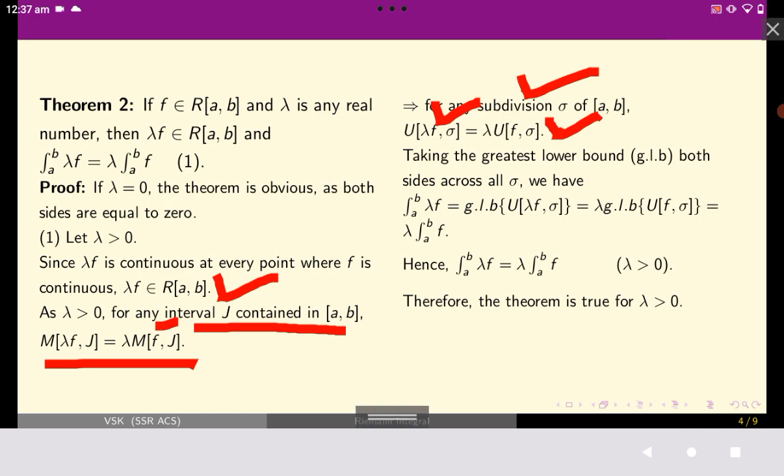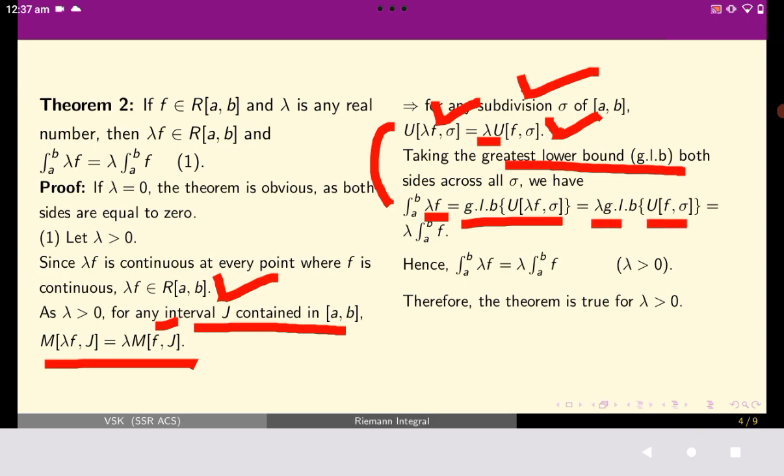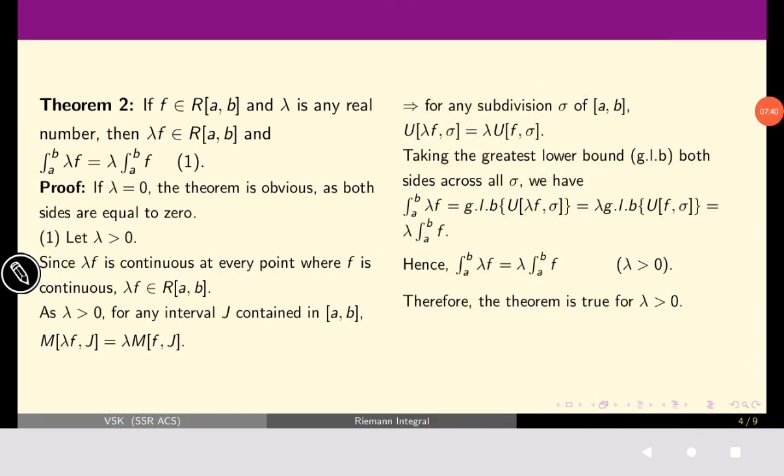So that will hold. Now, taking the greatest lower bound (GLB) on both sides across sigma, from this side we get the integral from a to b of lambda f, that is equal to the GLB of the upper sums of lambda f over sigma, which is lambda times the GLB of the upper sums of f over sigma, but that implies that this is equal to lambda times the integral from a to b of f.